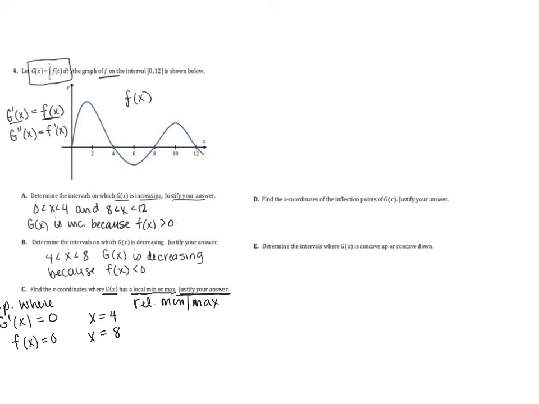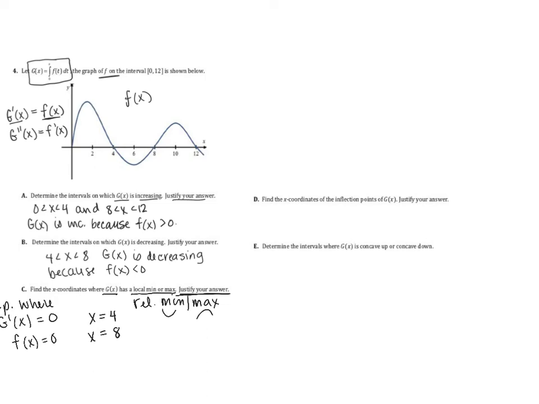Now we do have to label those local min or max. So let's go look and see which one's going to be which. Keep in mind, if we talk about a relative min, that means that my function went from decreasing to increasing, and max, increasing to decreasing.